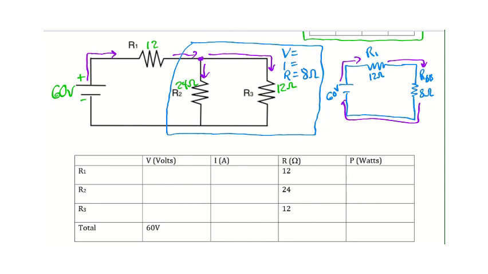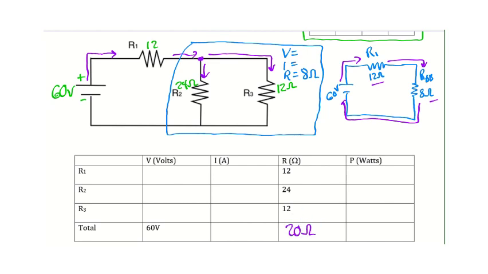So in order to find the total resistance of this circuit, because we have now reduced it to a series circuit, we must follow the rules for a series circuit. And the rule for resistors in series is that they add. So the equivalent resistance of this entire circuit is going to be 12 plus 8, or 20 ohms.